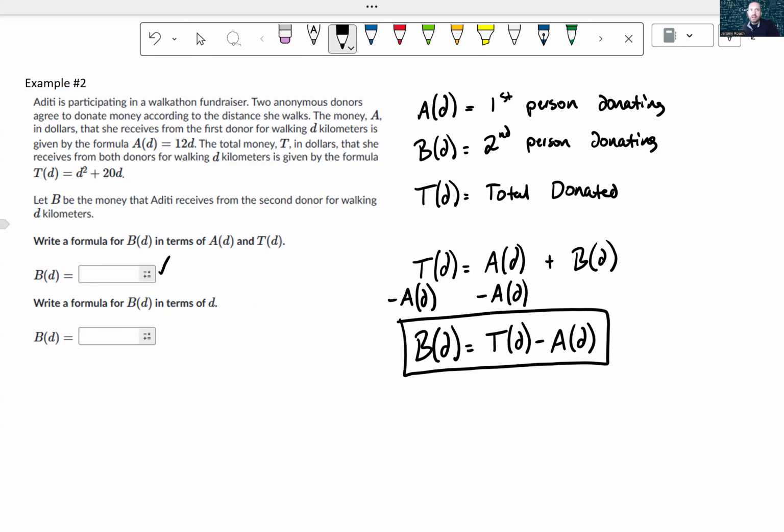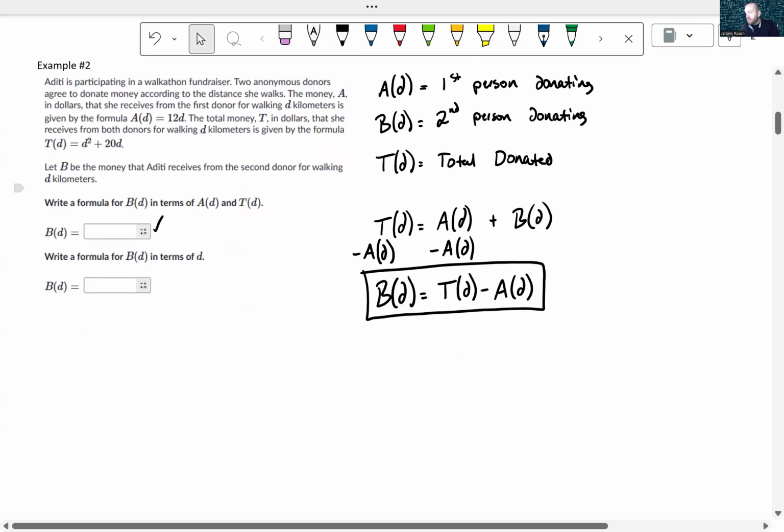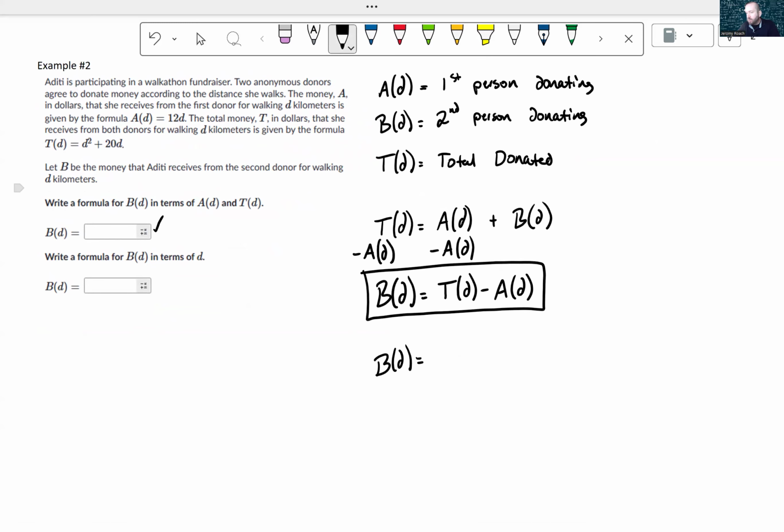Now it wants us to write this in terms of D. So again, we plug in the values they gave us for T of D and A of D. T of D is D squared plus 20D, and I'm going to put these in parentheses. The reason is when we subtract A of D, this is minus 12D.